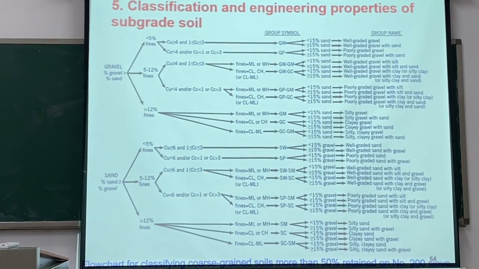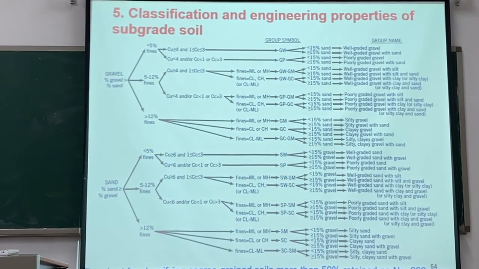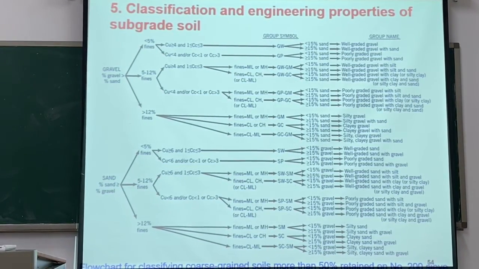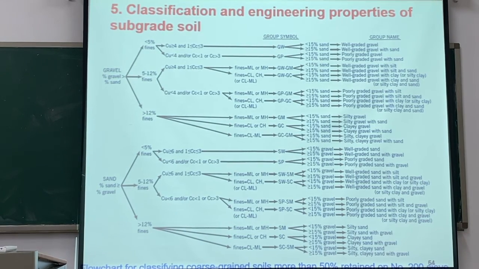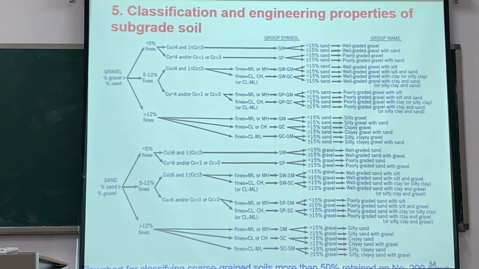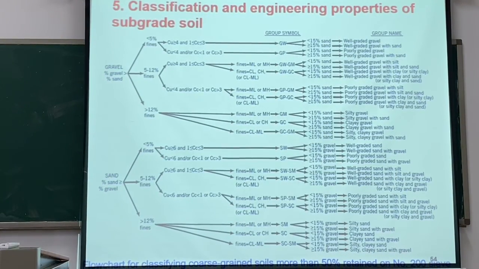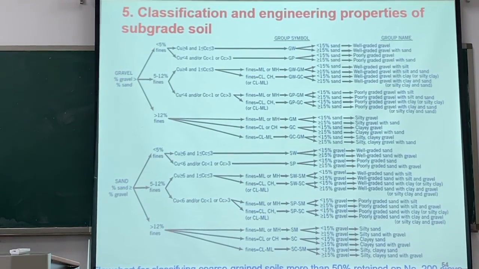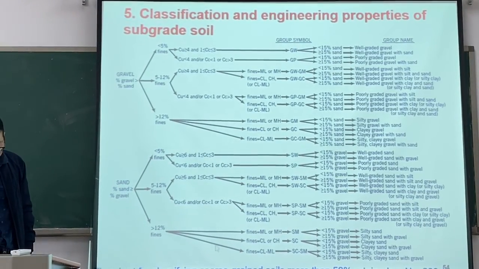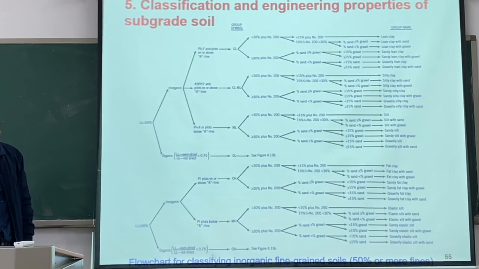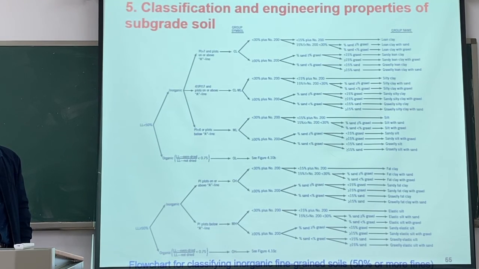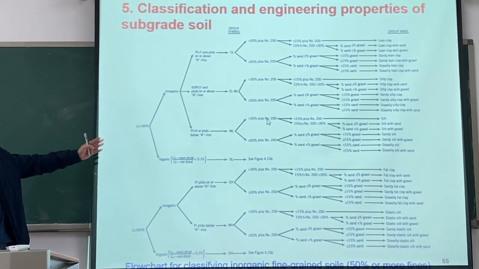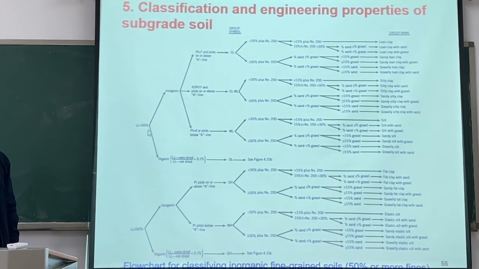According to the sieve test and this flow chart, we determine whether it belongs to coarse grained or fine grained, clay or high plasticity clay, organic clay. We classify coarse grained soil and inorganic fine grained soils, 50% or more fines, according to this. And we should know the liquid limit.